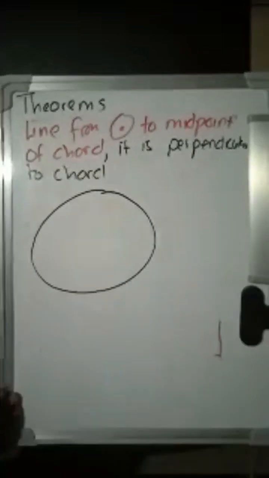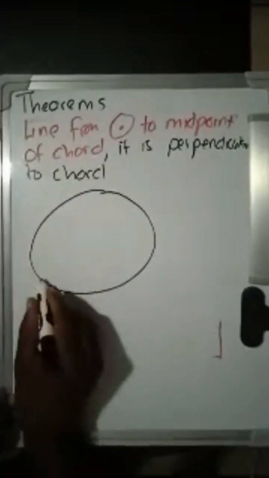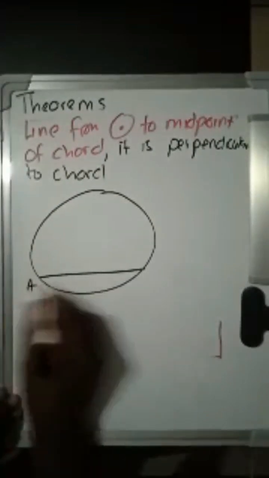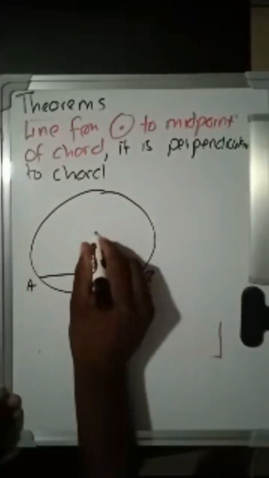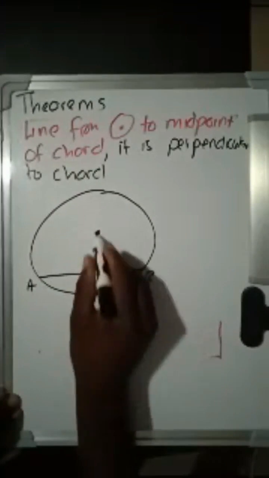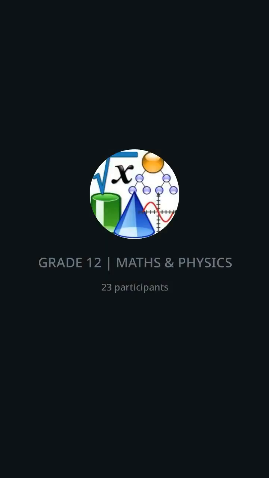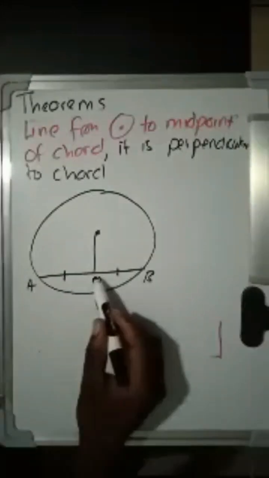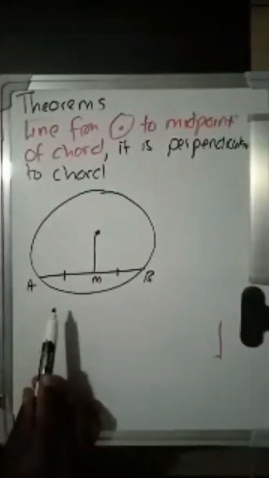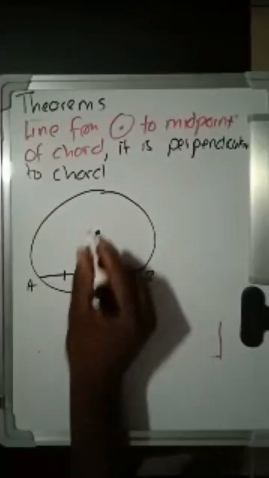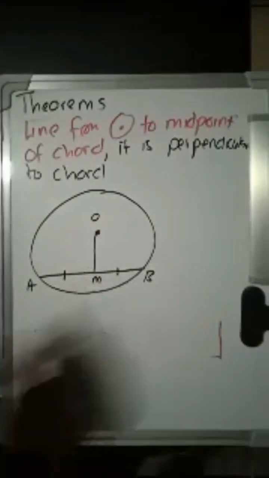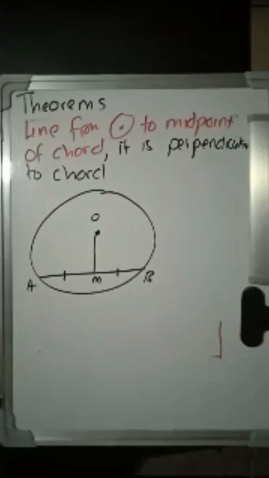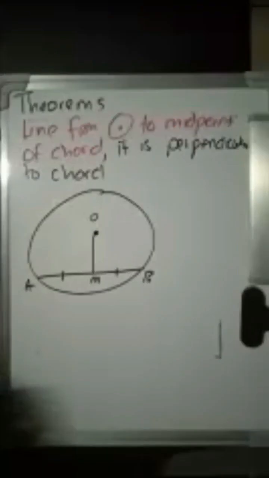What we mean is that we have a chord that is drawn. I want to call it AB. Then we have a line from the center there, and we are told that these two sides are equal. It means M is the midpoint of AB. So this line drawn from the center to the midpoint is perpendicular to the chord.